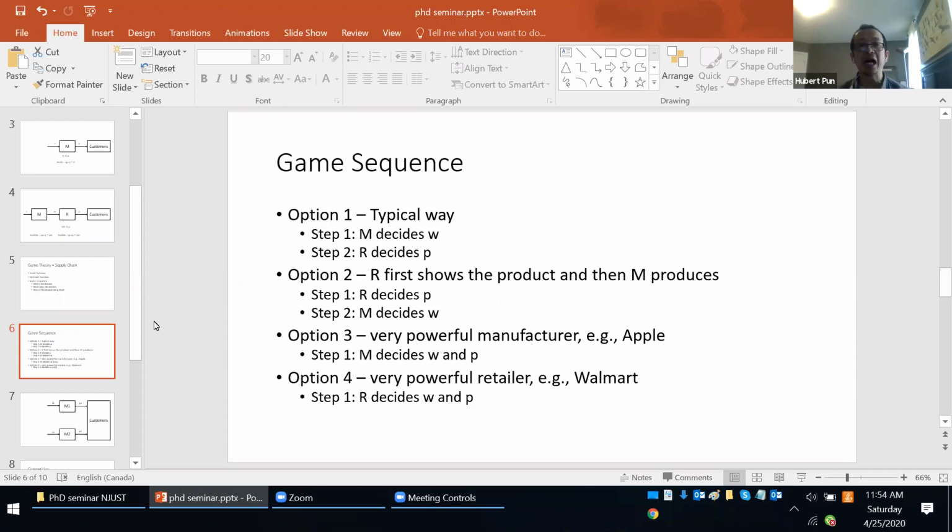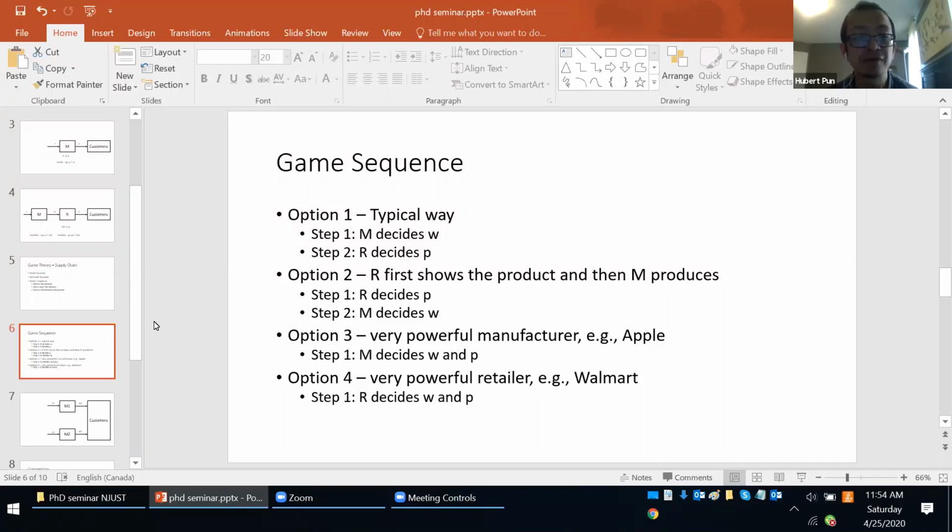But there are other options that are also possible. Let's say you are a retailer, and you have some idea, a proof of concept that you want to sell to the customers.